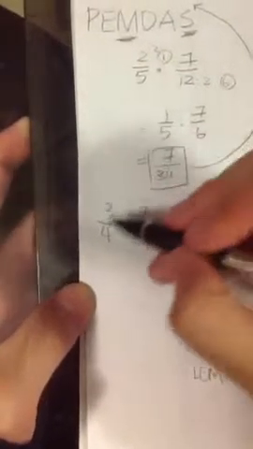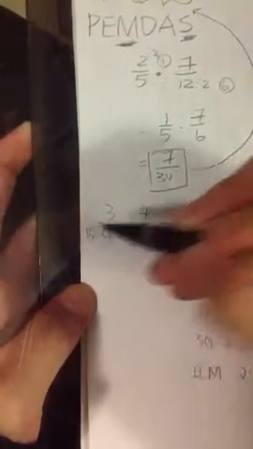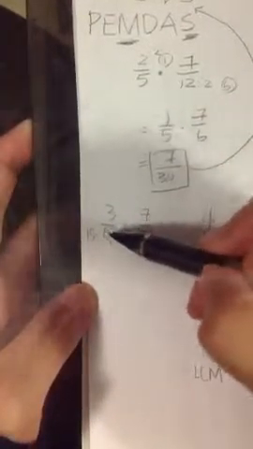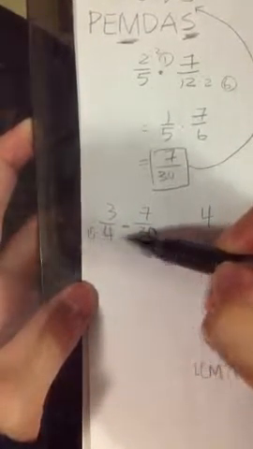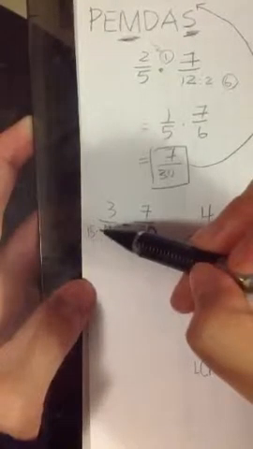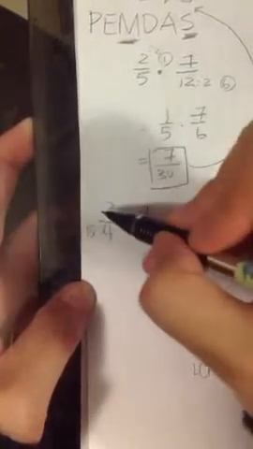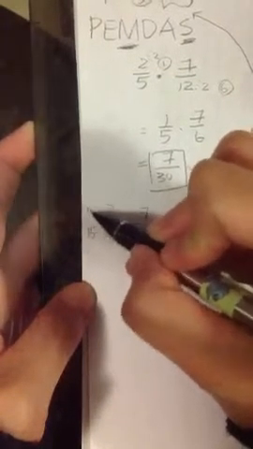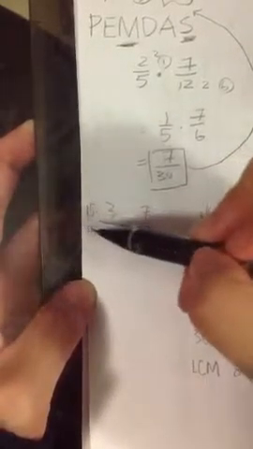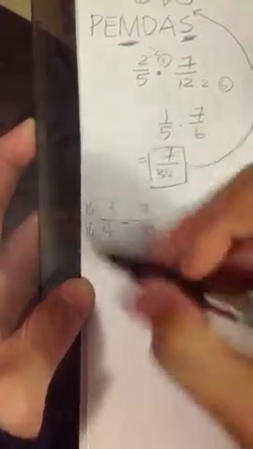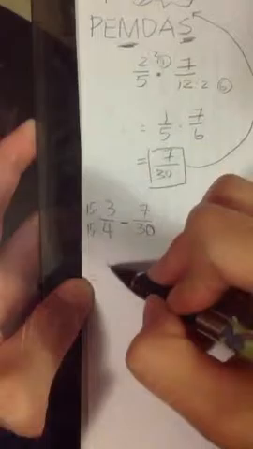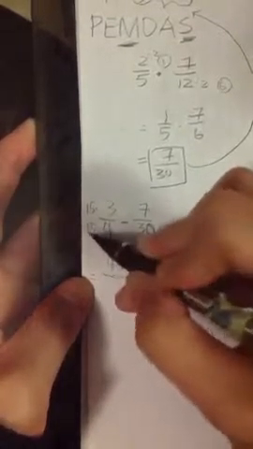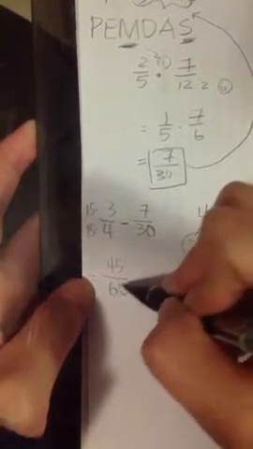If you do it on the calculator, 4 times 15 is actually 60, and that's our goal, right? To make the denominators the same. Whatever we do on the bottom, we have to do exactly the same on the top. So we multiply 15 by the top and 15 by the bottom. 15 times 3 is 45. 15 times 4 is 60.